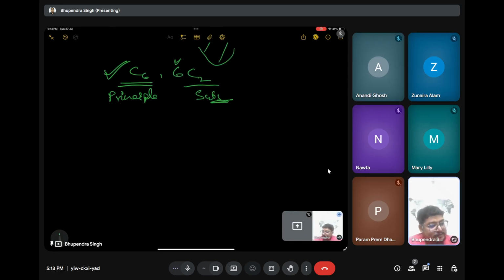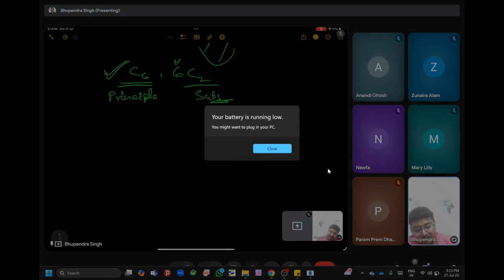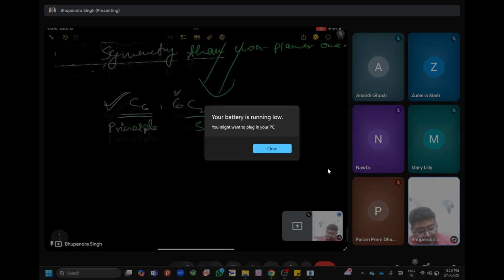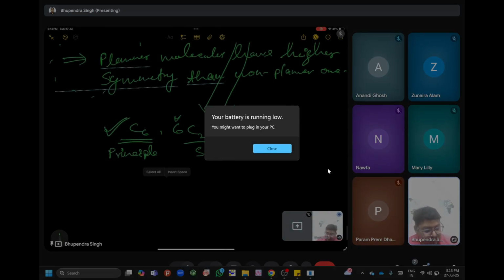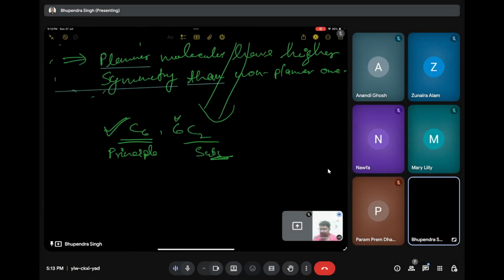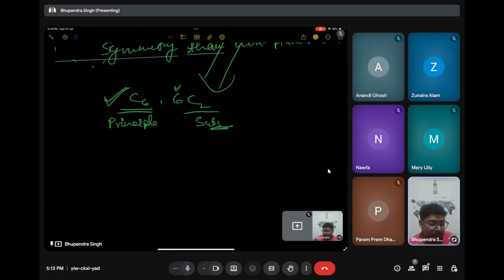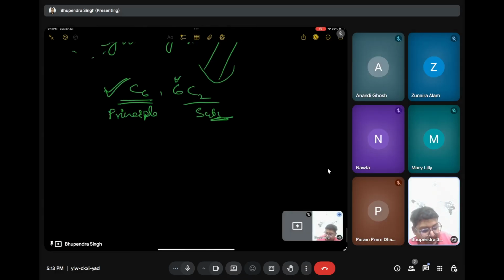Now, I have taught you about elements, only the axis, not the plane, not the inversion point. But let's look at the operation of this molecule, the operation of this axis.